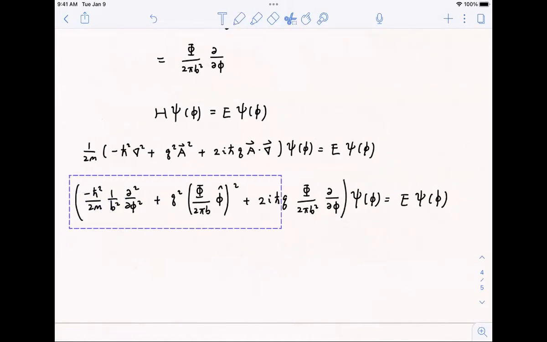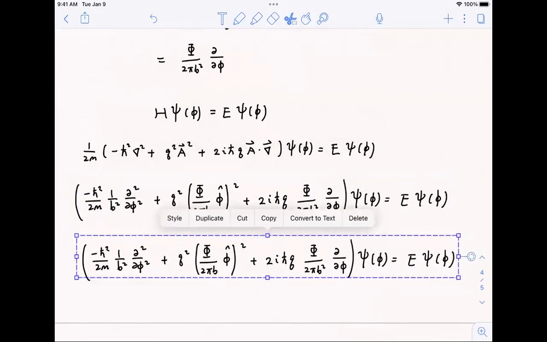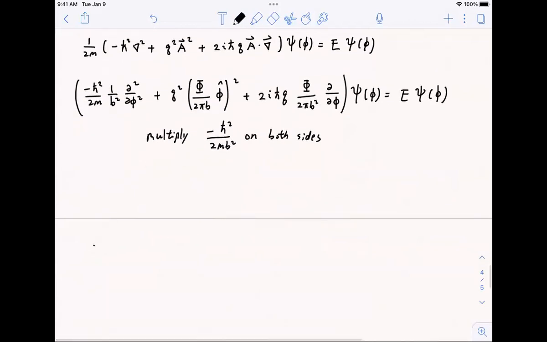Okay, let me rewrite it. Multiply on both sides. And then this will be, then you have Q squared.